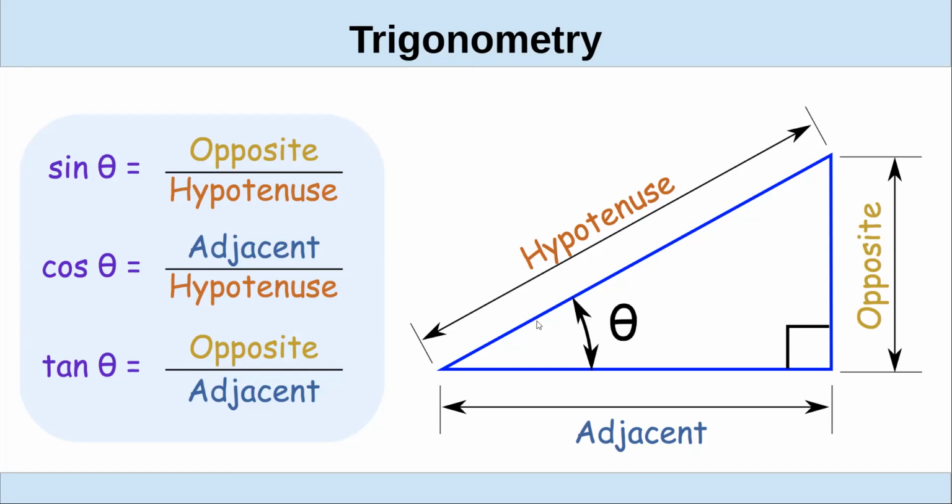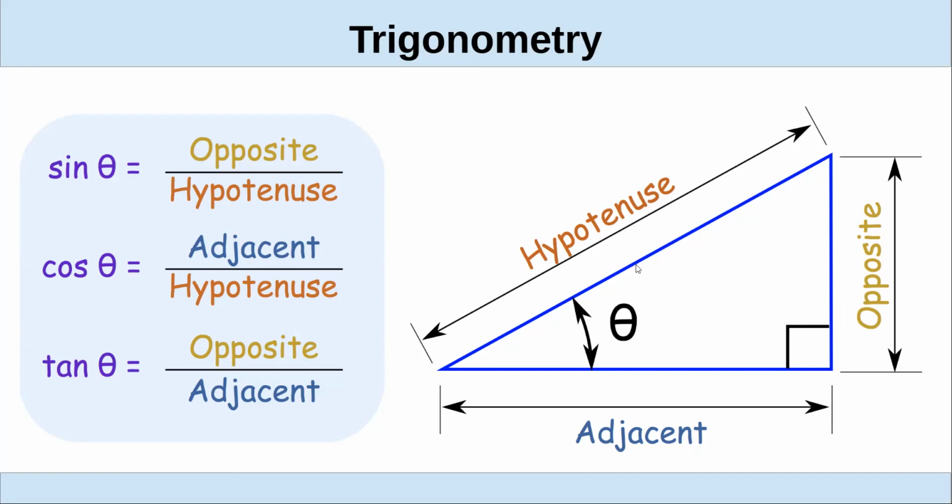Basically, for a given angle, you're going to take the opposite side of this right triangle. It has to be a right triangle for it to work, over the hypotenuse, and that value we call sine. So in a triangle where this is half of the hypotenuse, that's going to be a sine of 30 degrees, or sine is 0.5. Cosine is just the opposite.